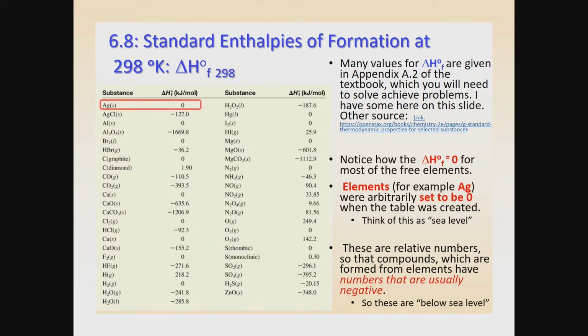When you have free elements, they have relatively higher energies or enthalpies. But if you stick elements together to form compounds, like silver chloride, the compounds formed have lower enthalpy values. That results in a delta HF which is negative.